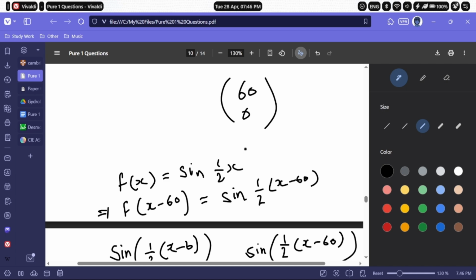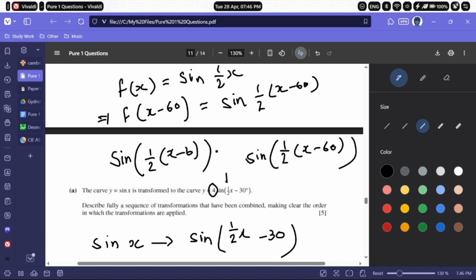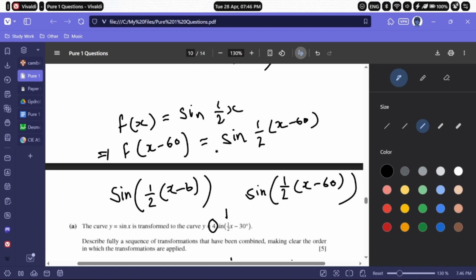Anyway, so now you know that it's basically sine 1 by 2 x minus 60, right? So you can think of it as first of all, you had your function f of x, which was sine 1 by 2x. That's the stretch across the x-axis by a scale factor of 2. Now, let's say that you do a translation by 60 units to the right.